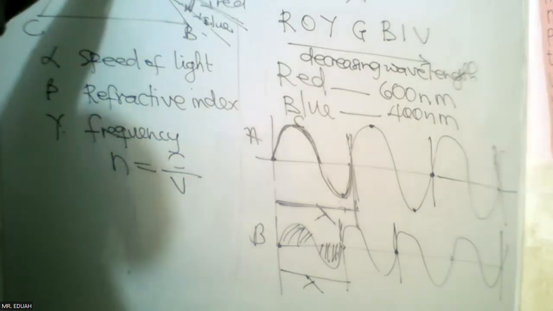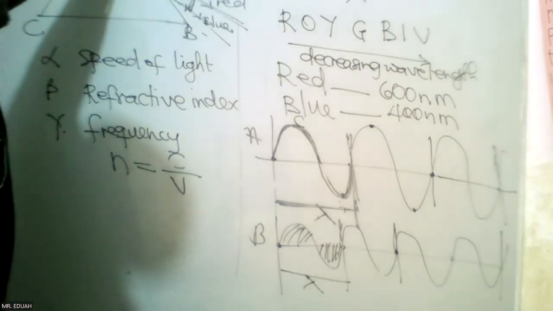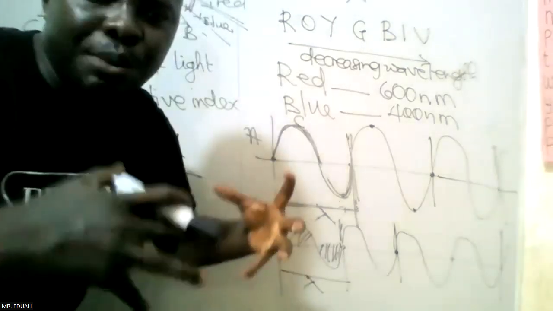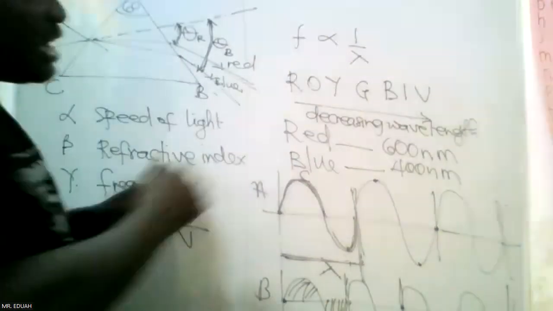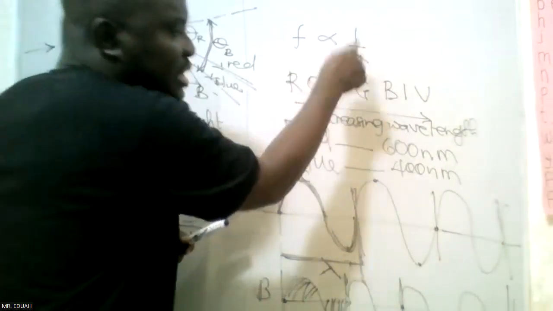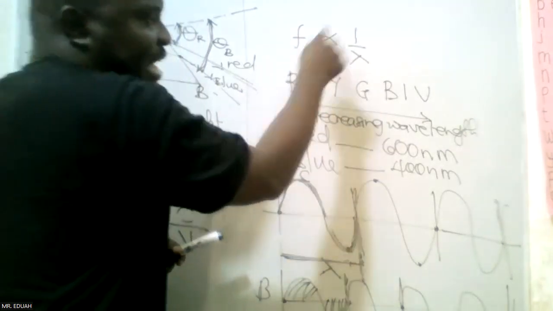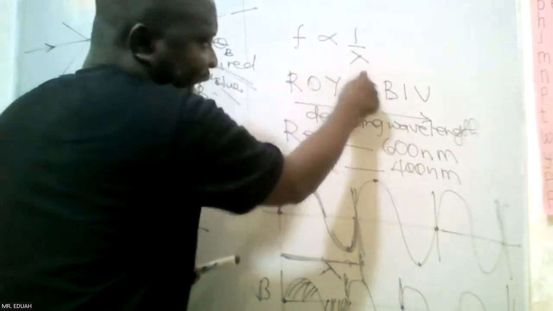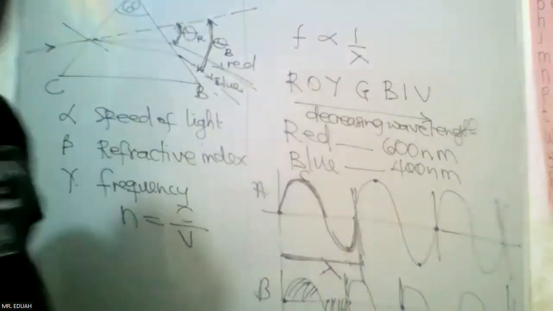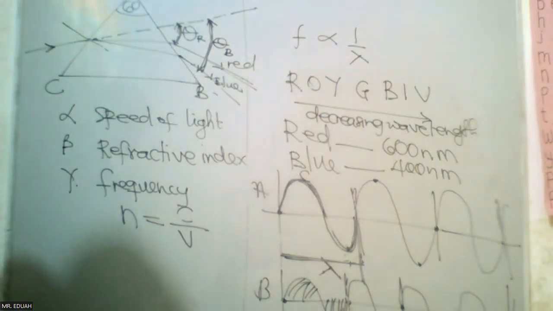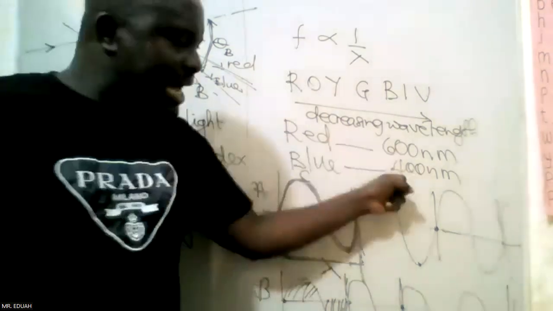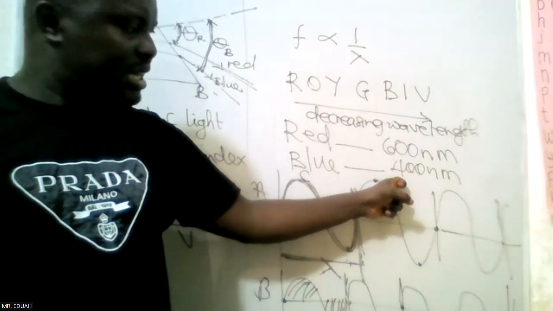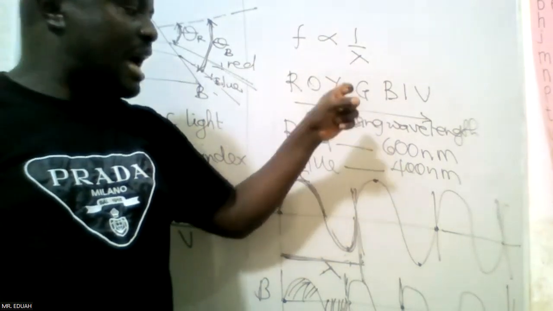Blue light has a shorter wavelength, and so it implies that the frequency will be high because frequency is inversely proportional to wavelength. If wavelength is less, f will be high. If wavelength is greater, f will be less. Okay, so in terms of frequency, blue light has a greater frequency than red light.